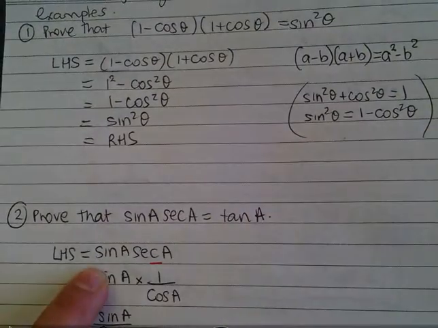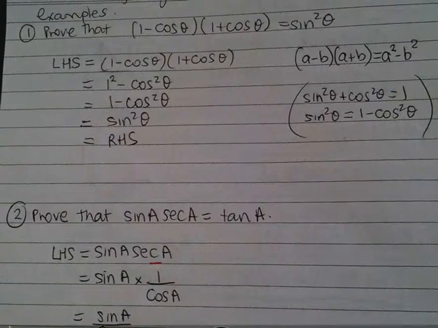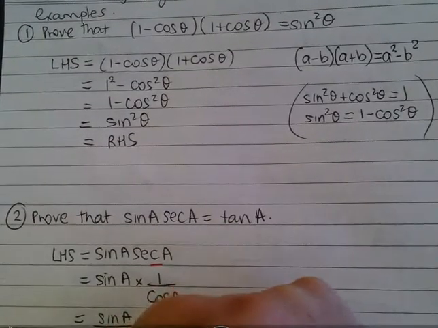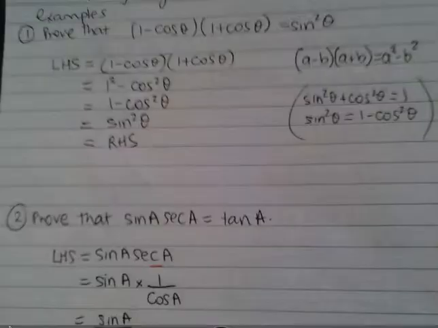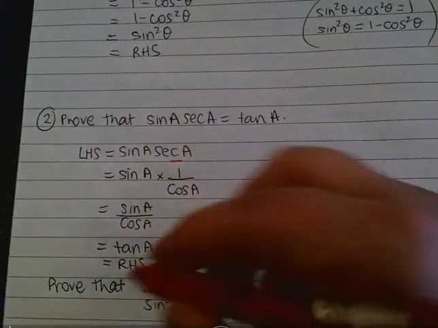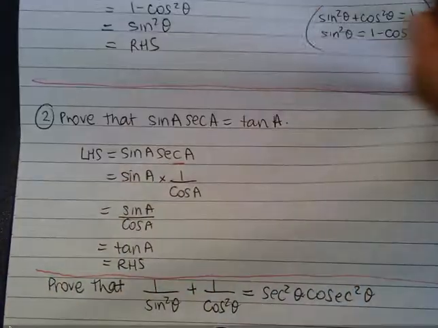Because sine A is on the numerator, cos A is on the denominator. What's sine on cos? Tan, which equals tan A, which equals the right-hand side. There you go. Sorry, I sort of ran out of room. That's pretty easy. I don't think they're going to be this easy.